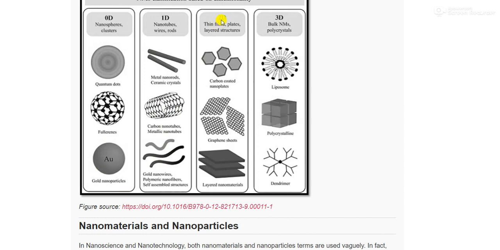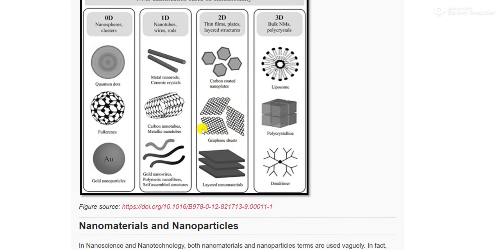The third category is 2 dimensional nanomaterial, which is thin films, plates, layered structures, etc. A most common example here is graphene sheets. Graphene is composed entirely of carbon atoms, isn't it?